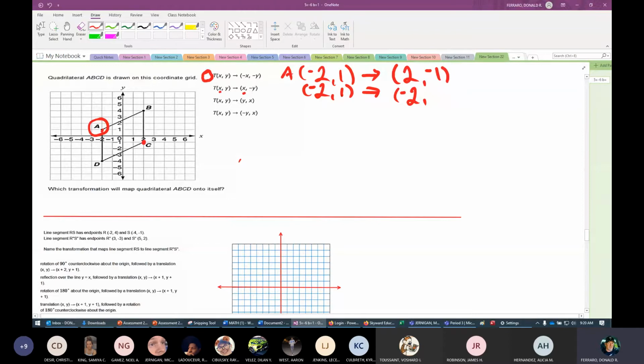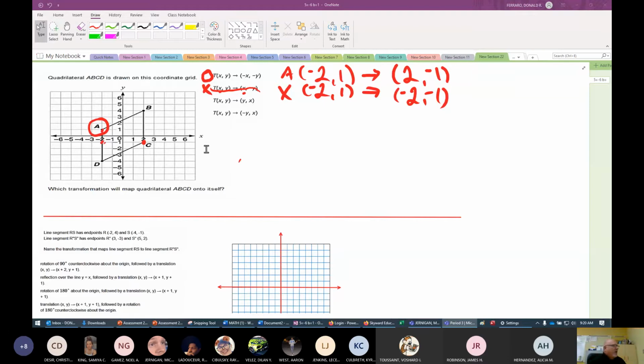So instead of using 1, it's going to be -1. Now if I map that point, I go over 2 and down 1. That one does not fall on one of the vertices, so that will not be an answer. So I can cross that one out.